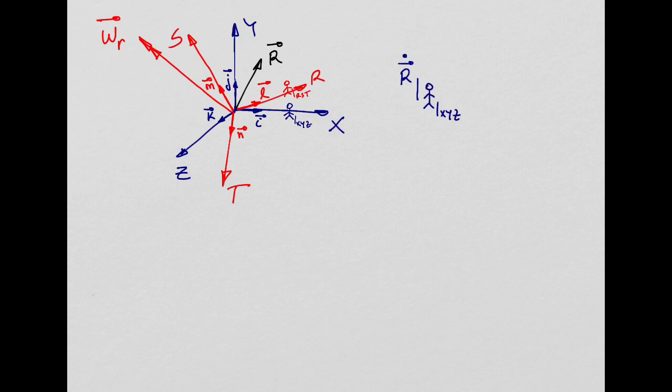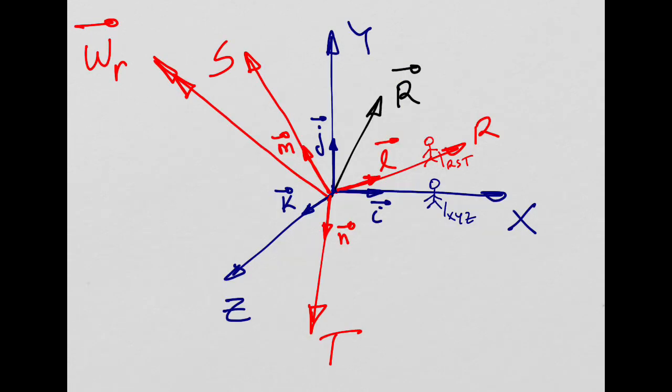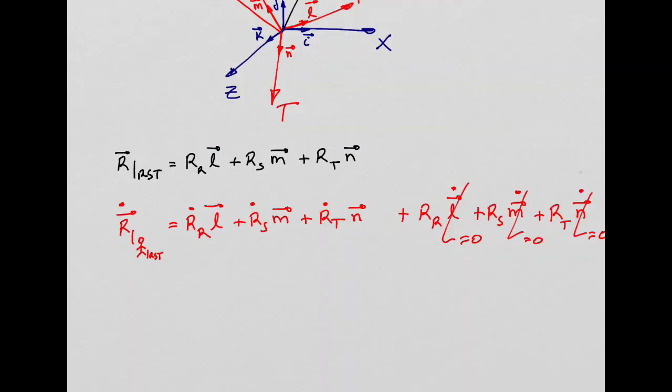So this derivative will give me the total velocity, while the derivative we derived before is the relative velocity, relative to the rotational coordinate system.